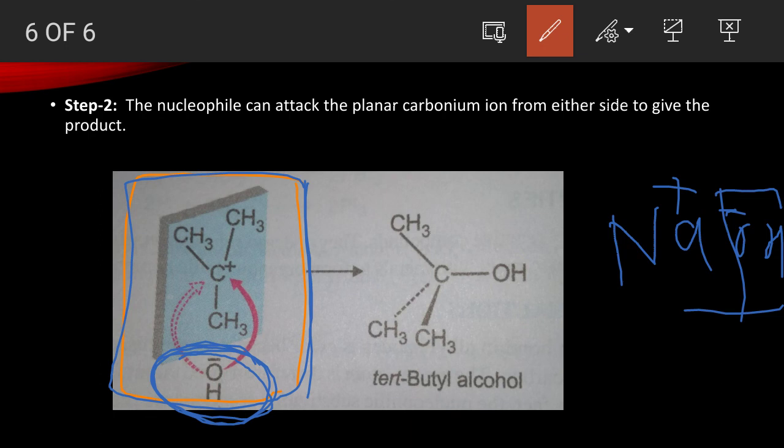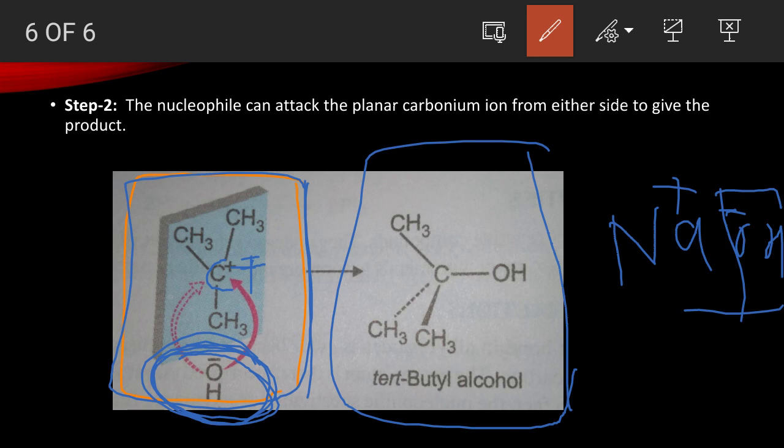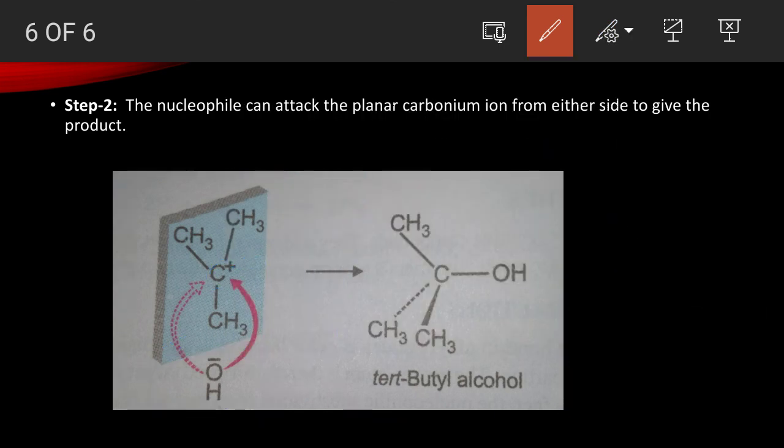It is attached to the central positively charged carbon atom because the charge of the carbonium ion is positive and the nucleophile has a negative charge, and positive and negative charges attract each other. Because of this, the hydroxyl ion is attached to the carbonium ion and it forms the product tertiary butyl alcohol. This is our product by the SN1 mechanism.